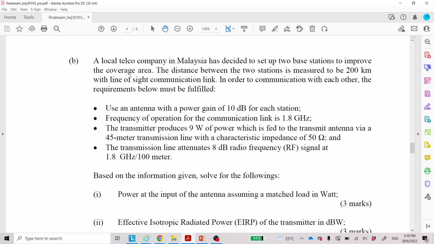The distance is 45 meter, per 100 meters.